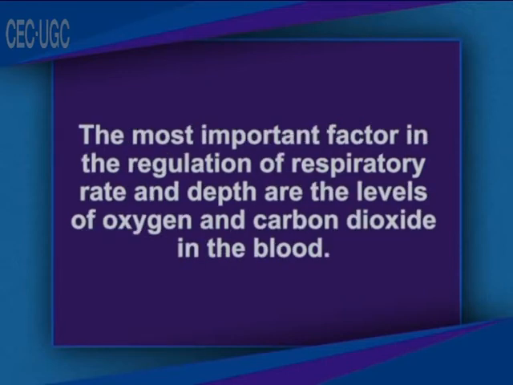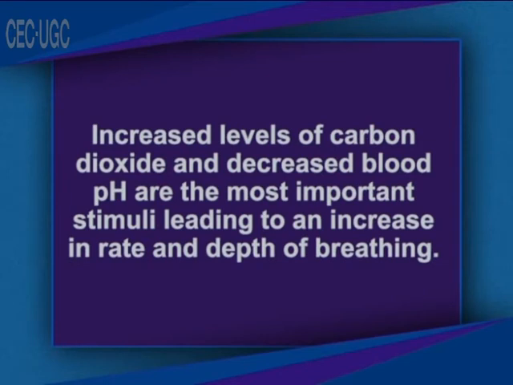The most important factor in the regulation of the respiratory rate and depth are the levels of oxygen and carbon dioxide in the blood. Increased level of carbon dioxide and decreased blood pH are the most important stimuli leading to an increase in the rate and depth of breathing.